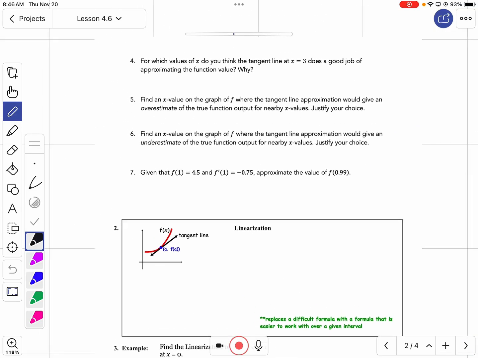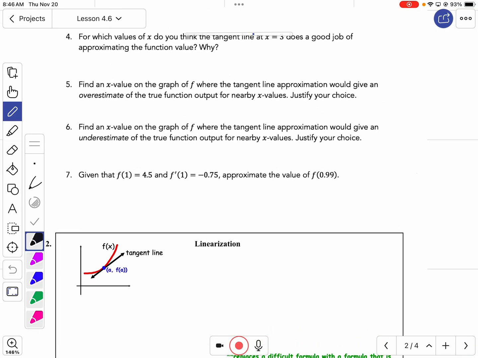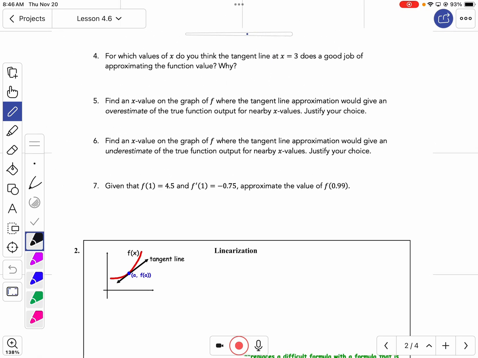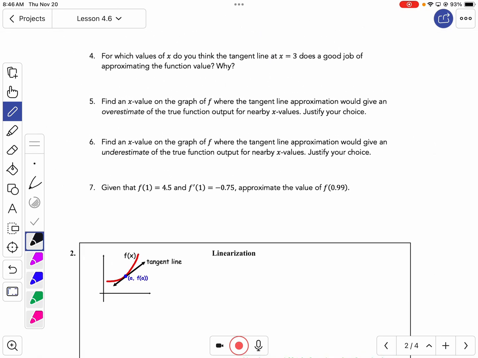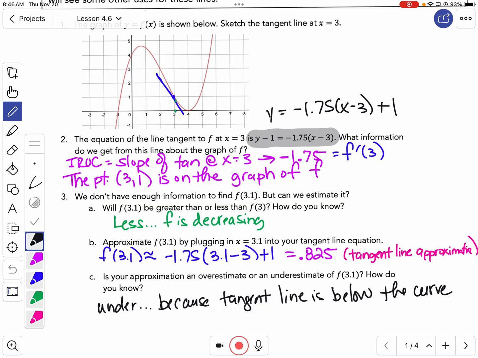Right. So now it says, for what values of x do you think that the tangent line at x equals 3 will do a good job of approximating the function value? Okay, so what values of x on our function could be covered pretty nicely by that tangent line written at 3? And you don't have to have exact values there.